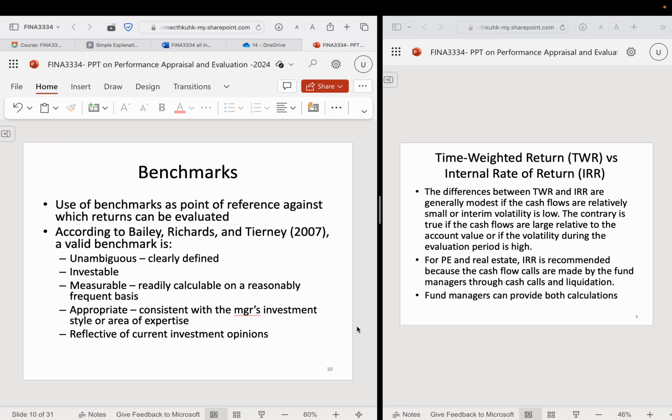These are alternatives. So these are the big asset classes.